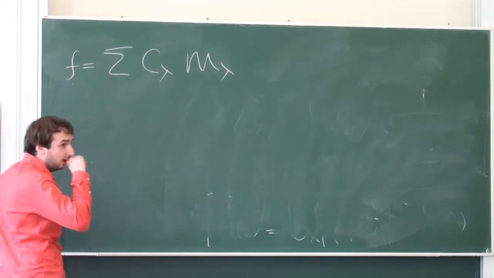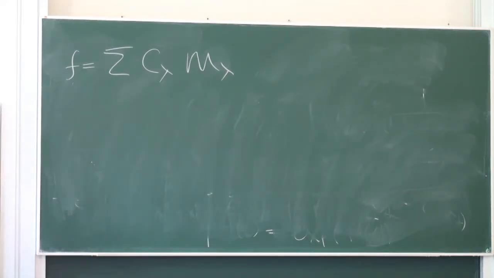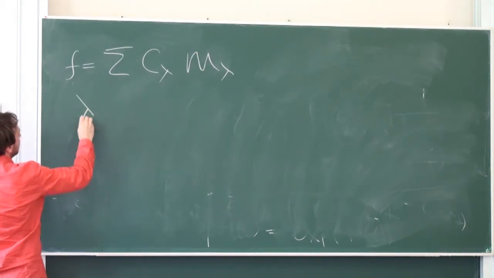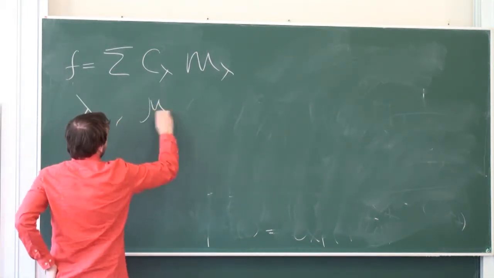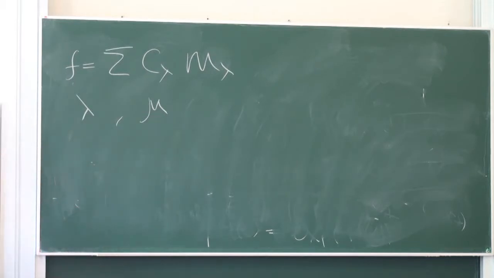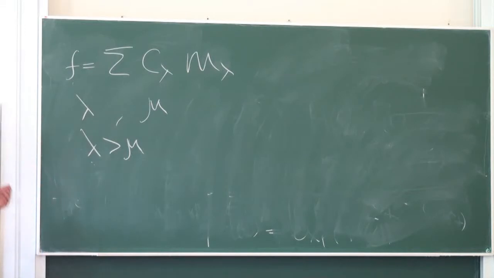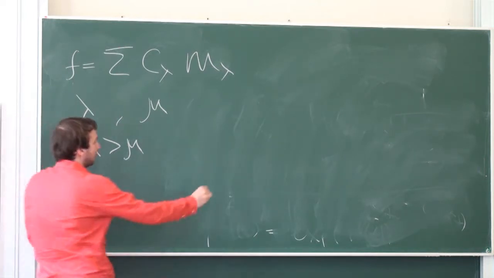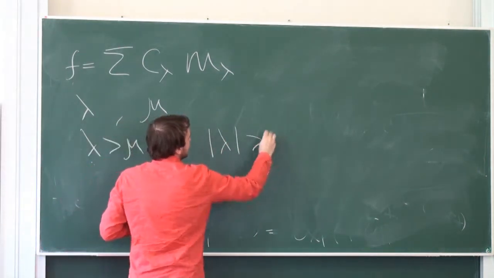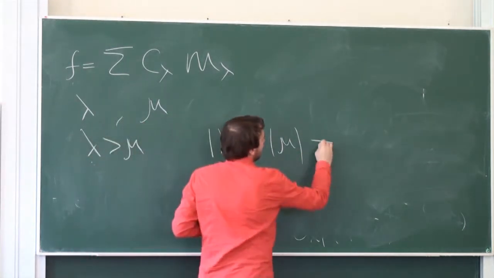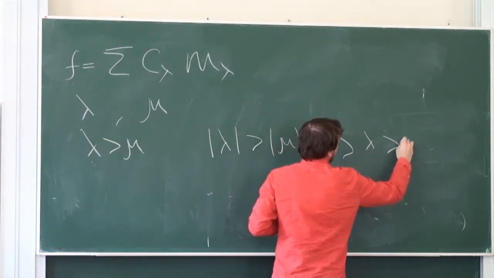For that we need to introduce a certain ordering on the partitions. Suppose that we have two partitions, lambda and mu. We will define what it means that lambda is greater than mu. First we can compare the numbers of which lambda and mu are partitions. If the sum of the coordinates of lambda is greater than the sum of the coordinates of mu, then we say that lambda is greater than mu.